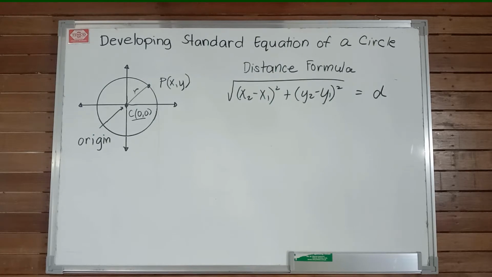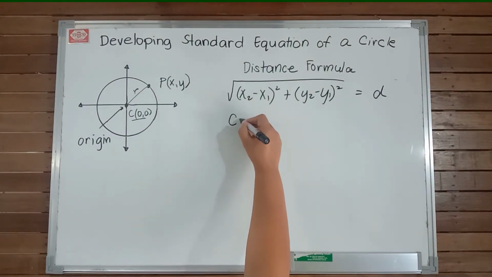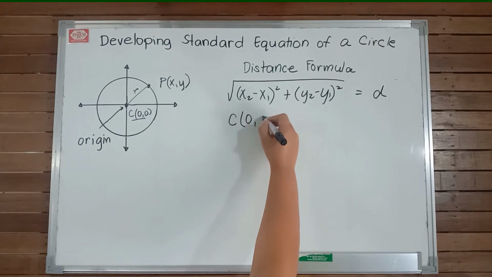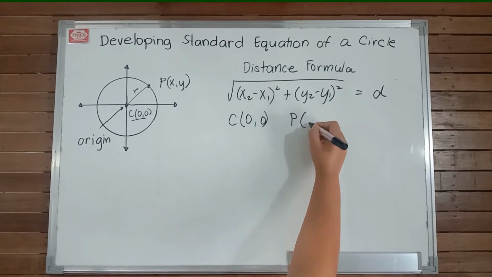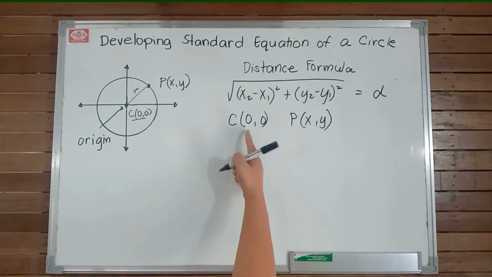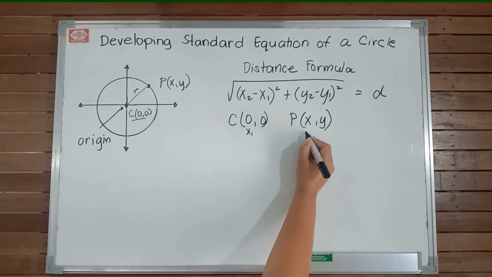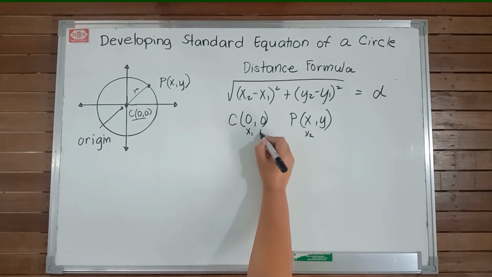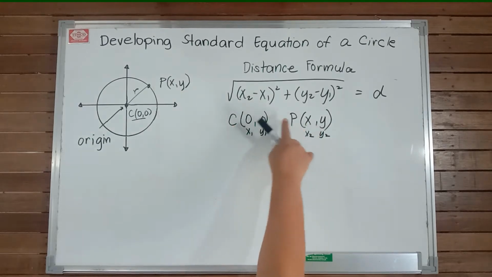So that is the distance formula. We will apply our center, which is 0, 0, and a certain point x, y in the formula so that we can come up with the standard equation of a circle with the center at the origin. So 0 is our x of 1, x is our x of 2, 0 is our y of 1, and y is our y of 2.